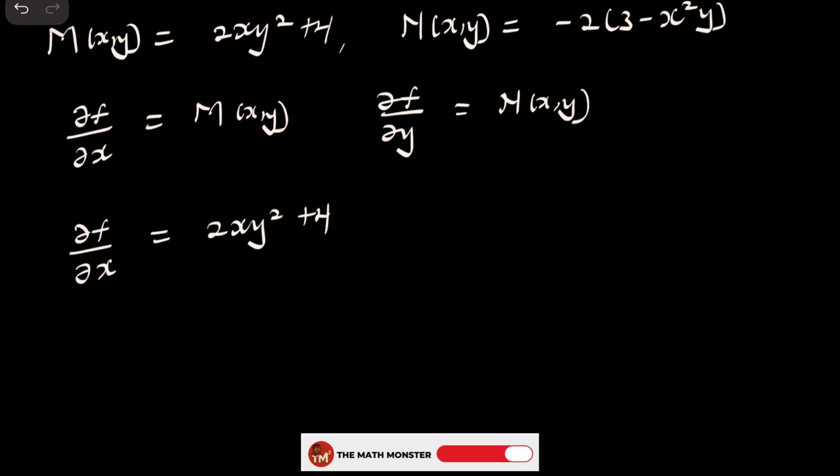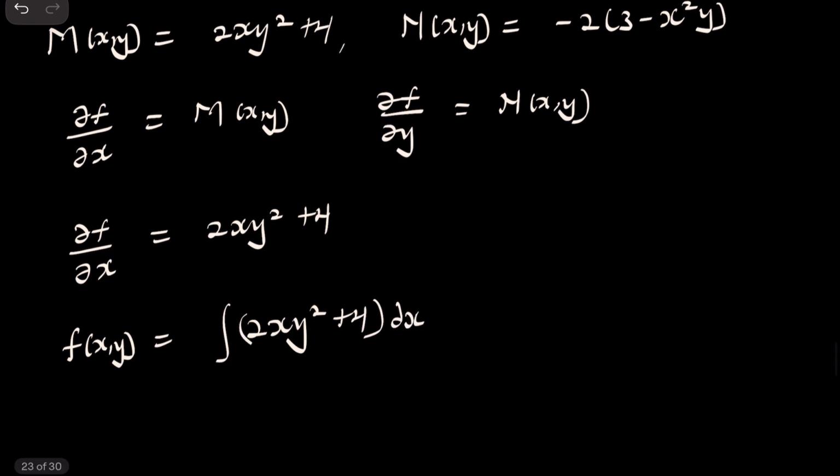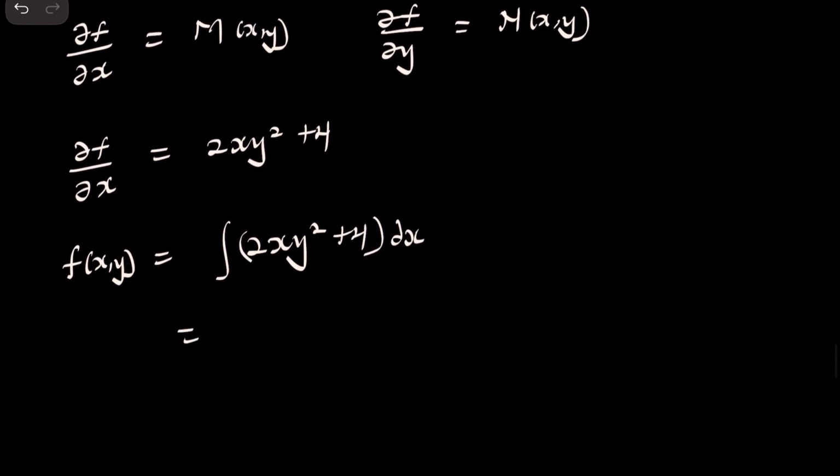So we need to integrate this equation with respect to x. And so we are going to have f of xy is equal to the integral of 2xy squared plus 4. So we are integrating this guy partially. And so we are going to have our result to be equal to x squared y squared plus 4x plus a constant. But since we are doing partial integration, our constant will be a function of y.